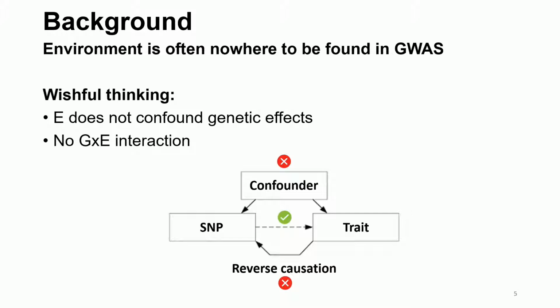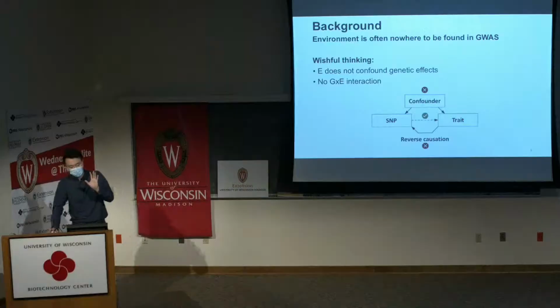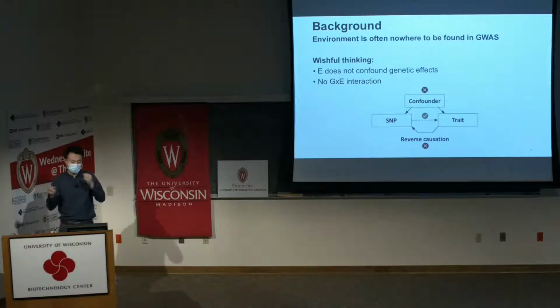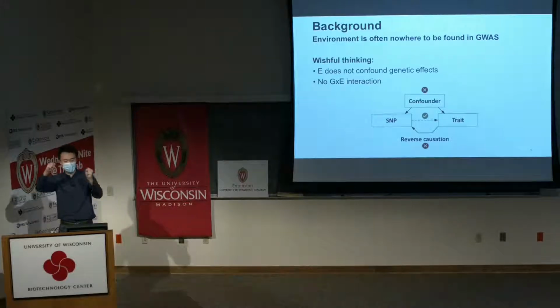Similarly, following a similar argument, you can say that it's very rare that the phenotype, the trait you are studying, will have a reverse causal relationship. So once you have an association, it could be direct or indirect, but usually it's never going to be reversely caused by your outcome. So sometimes it will help your interpretation. So there could be an argument to support this. But in addition to that, most existing genetic studies actually assume that the genes and the environments are independently affecting the phenotype.